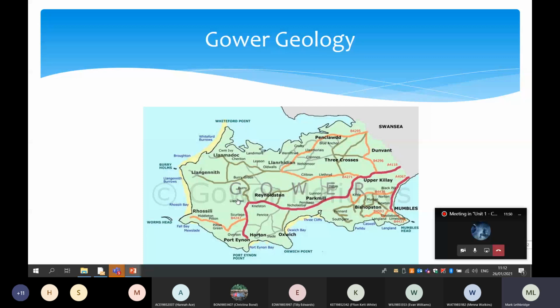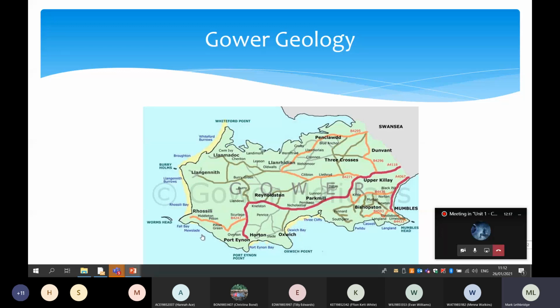Oxwich Point and Port Eynon Point must be harder, more resistant rocks than, say, Port Eynon Bay and Oxwich Bay are made of, to allow us to have that formation of these headlands and bays. Same with the fact that Rhossili Bay must be made out of something slightly different to Worm's Head to allow that headland and bay formation.